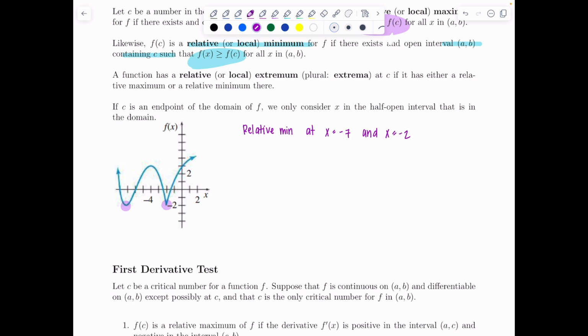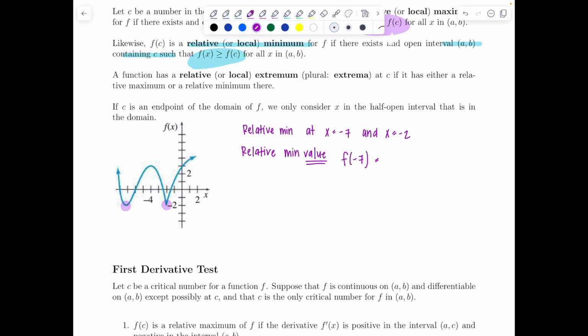Sometimes though, most of the time, you're asked for the actual min value. In that case, they want the function value, so you want to give the y value. The relative min value is the function value. So it would be f of -7, which is, if you come over here, 1, 2, 3, 4, 5, 6, 7. Yes, I counted correctly. It's -2.